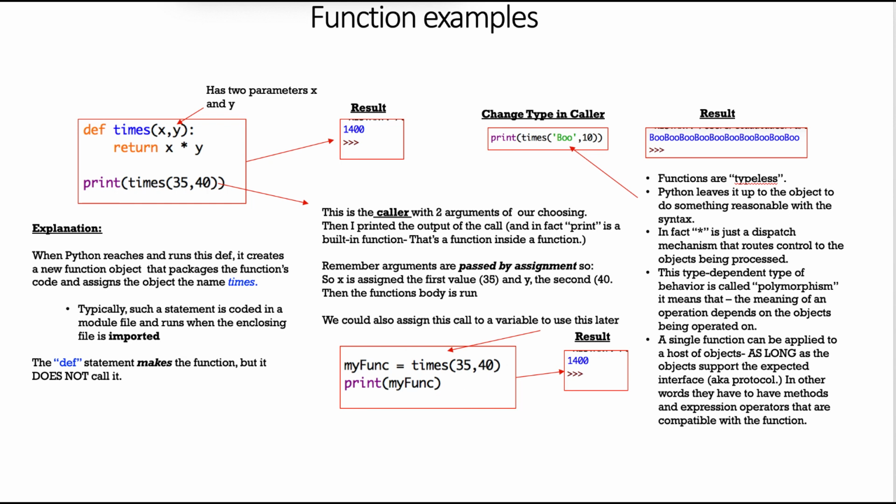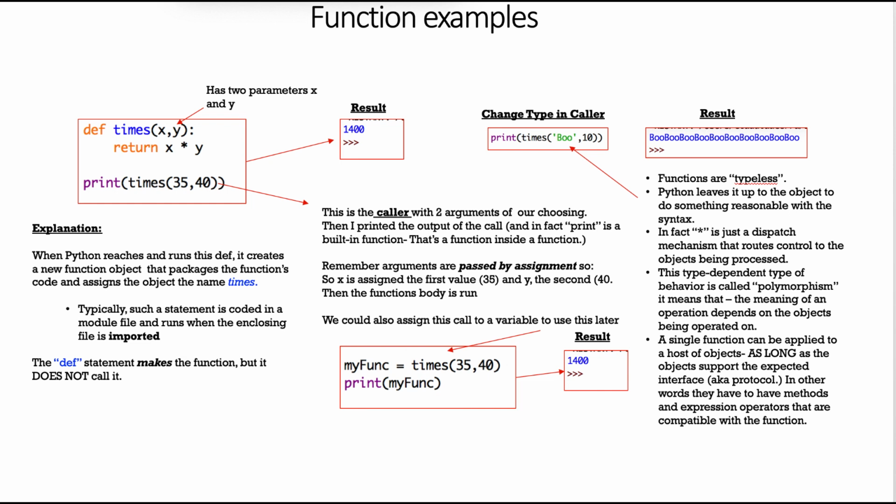Finally, we have a print statement in which we pass it times, our function, and then we give two arguments to represent our two parameters, 35 and 40. So when Python reaches and runs this def, it creates a new function object that packages the function's code and assigns the object the name times.